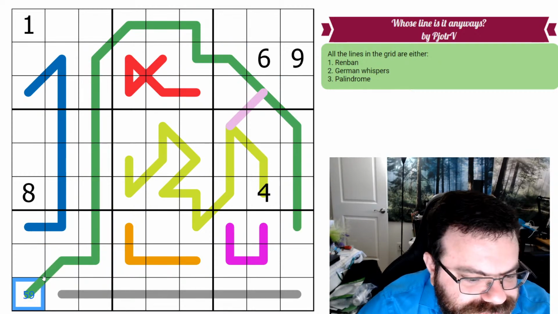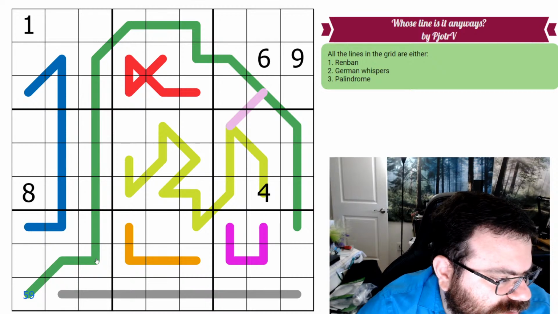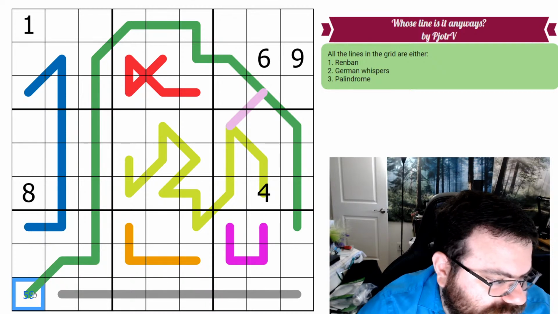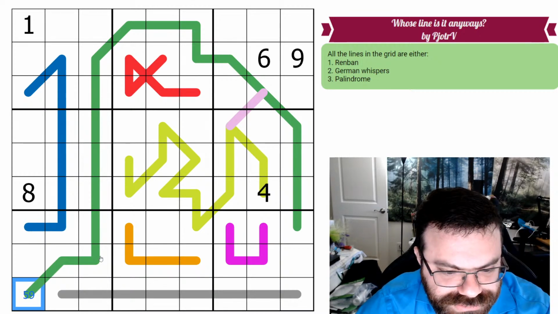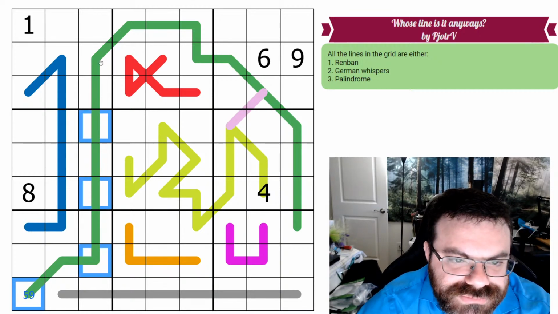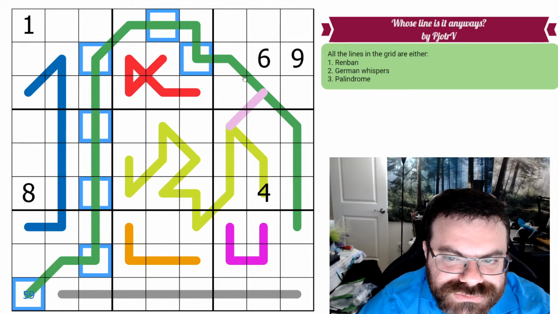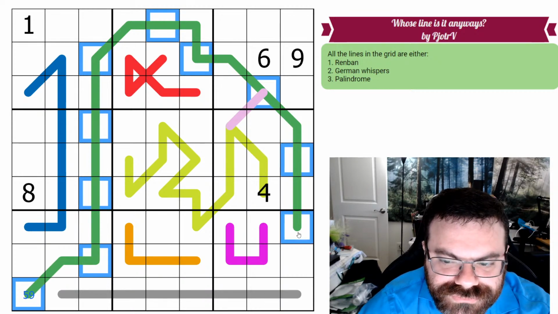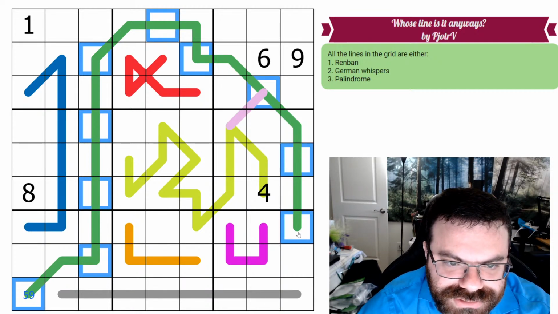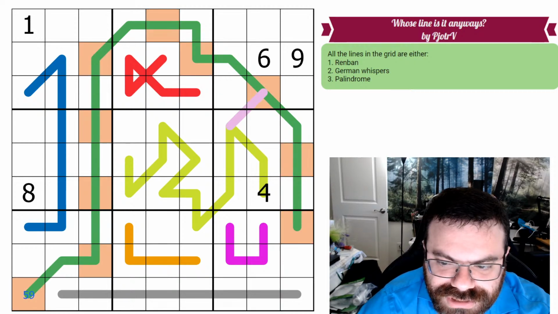If green is German whispers, okay, then row 9, column 1 must be 9, okay, yeah. Every other cell must be big, yeah. That would be these ones. I think I got that right. So these would be large.